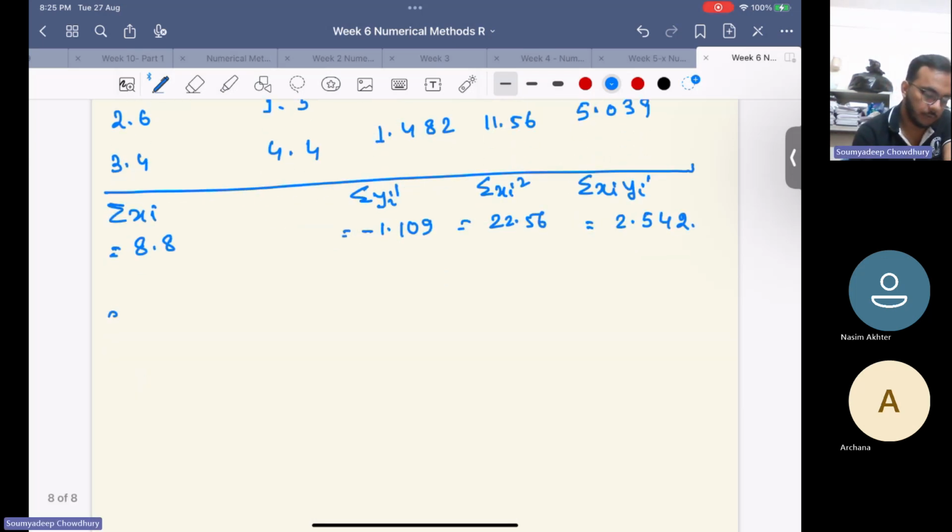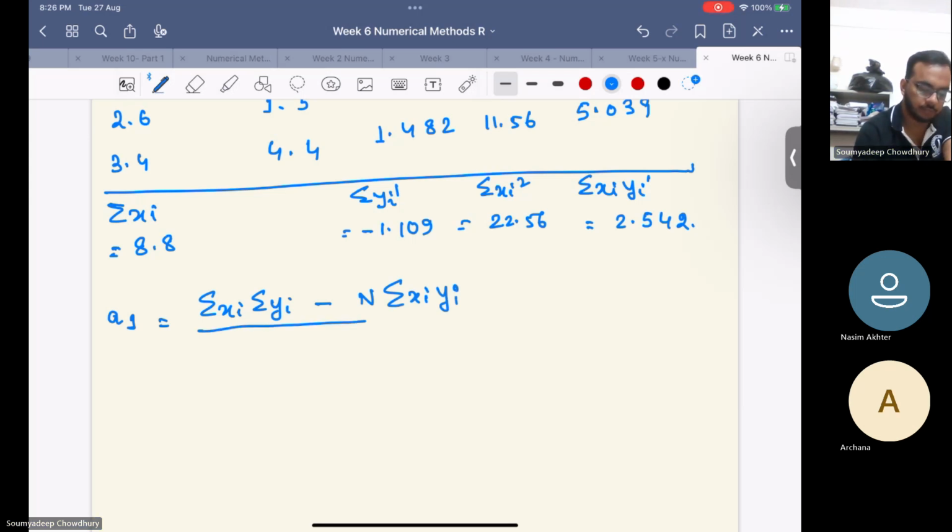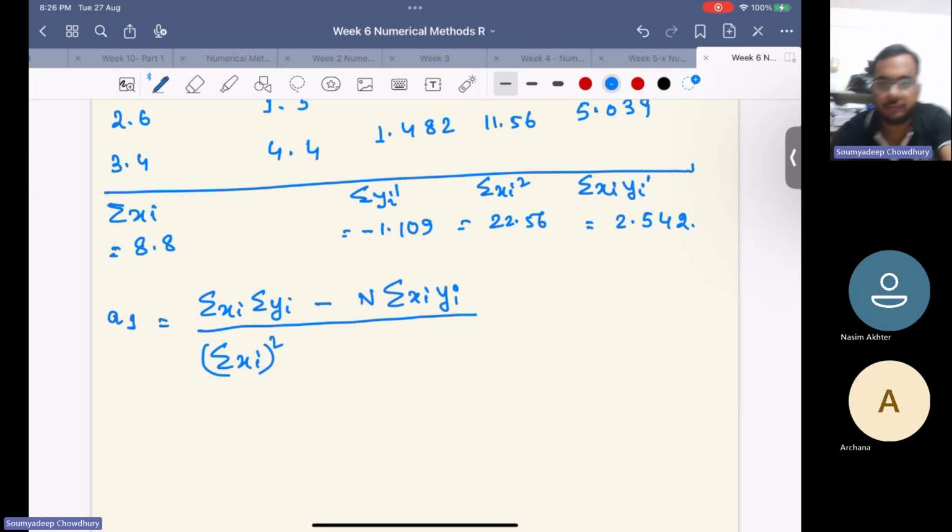Now if I want to find out A1, A1 is basically n into summation xi yi dash minus summation xi into summation yi dash, by n into summation xi square minus summation xi whole square.